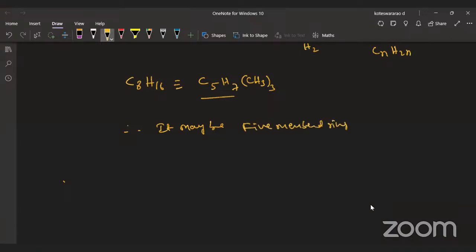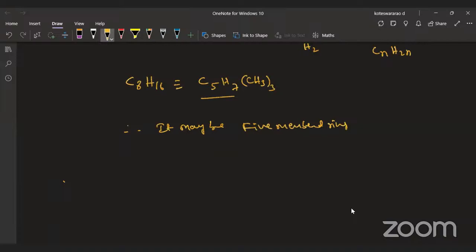Maybe a 5-membered ring. Now the camphoric acid is a 5-membered ring with 2 carboxylic groups and 3 methyl substituents. Look here. Camphoric acid is a 5-membered ring with 2 carboxylic groups.